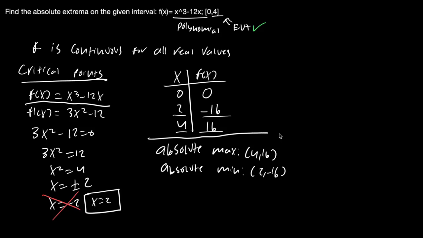And yep, there we go. So as you can see, it's just a very formulaic process. Once you get enough practice, it just becomes automatic at a certain point. So yeah, that's EVT.